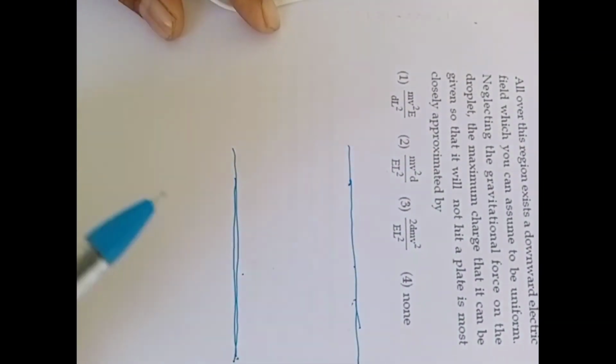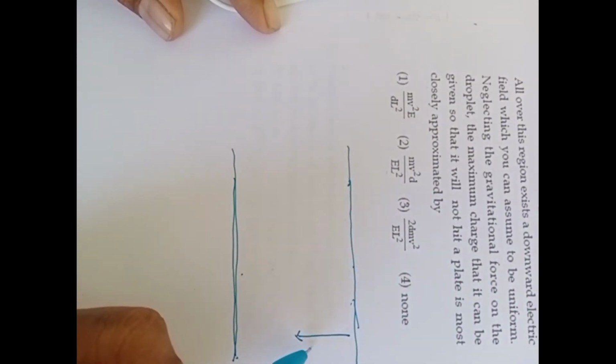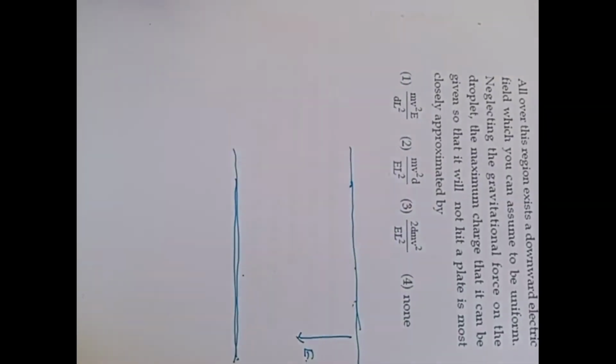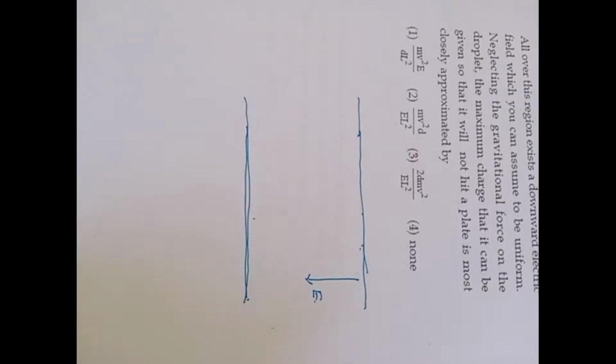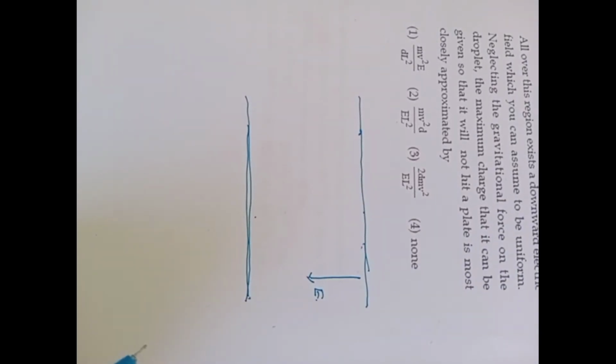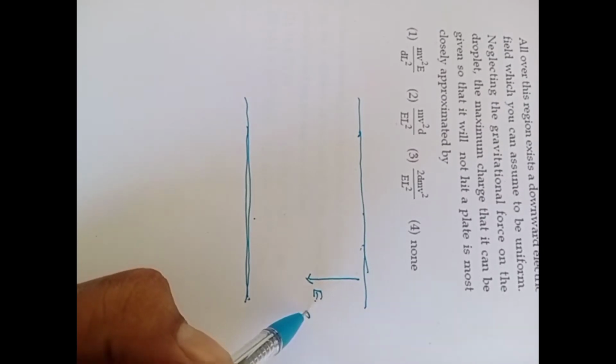In between these two metal plates, the electric field is acting in the downward direction. The distance between the two plates is d.